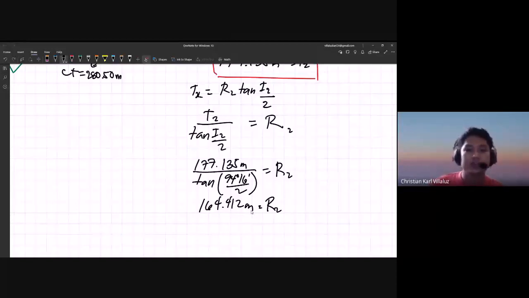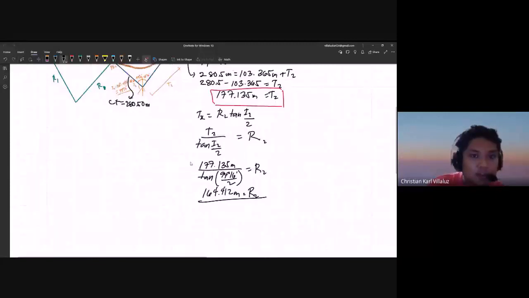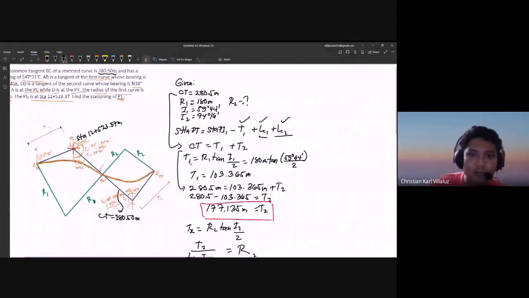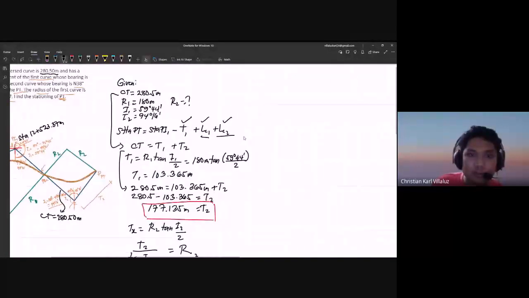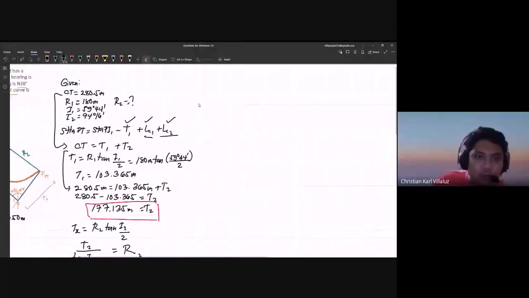Okay, correct. So this is the radius number 2. T1 meron na, LC1 and LC2 pwede na natin i-determine. So dito ko na lang i-continue. LC1 formula pi R1 I1 over 180 degrees.